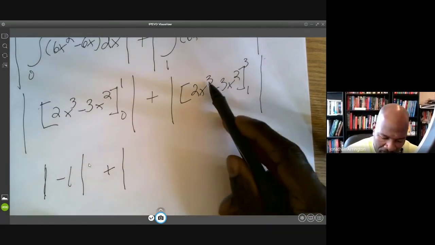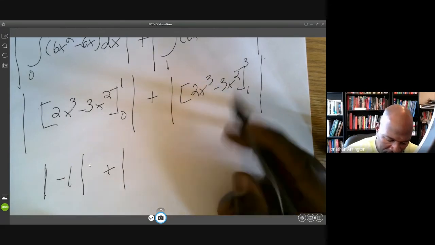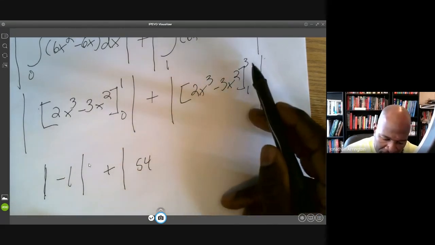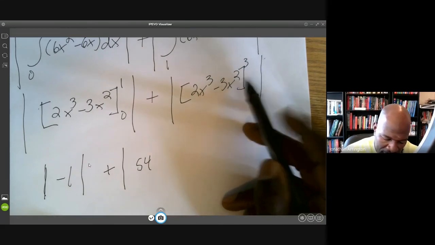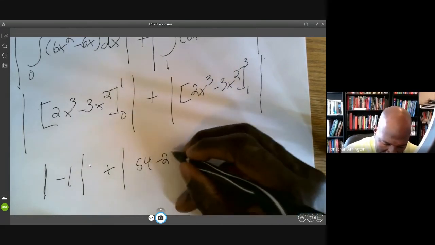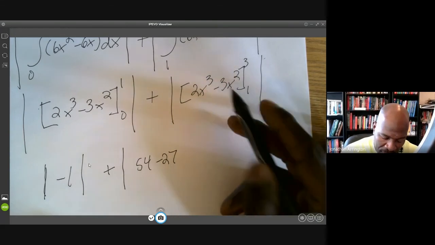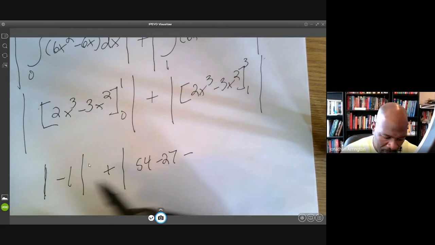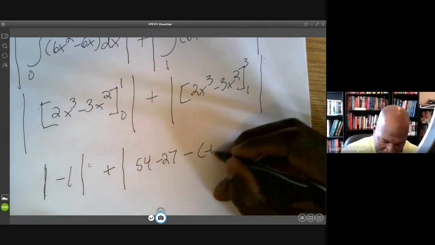So if I plug in 3, that's 27 times 2, that's 54. Minus, this is 9 times 3, minus 27. So that's what I get for plugging in 3. And then minus what I get for plugging in 1. And I already know when I plug in 1, I get negative 1.